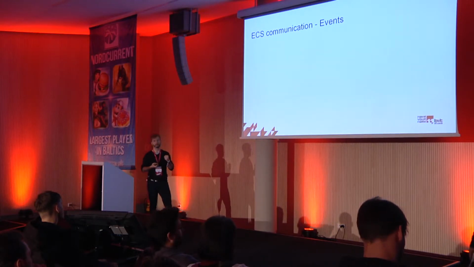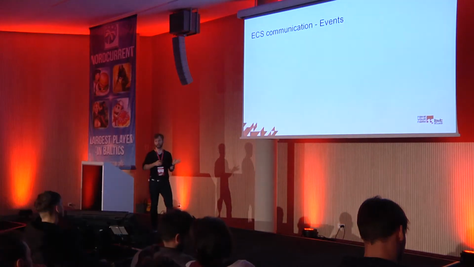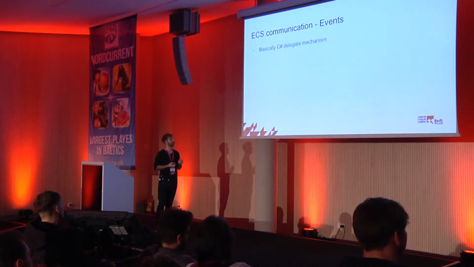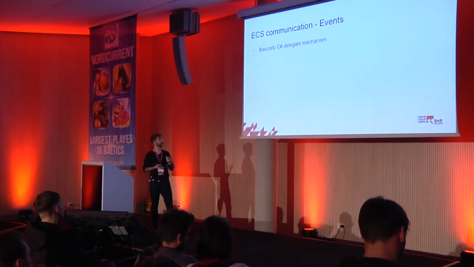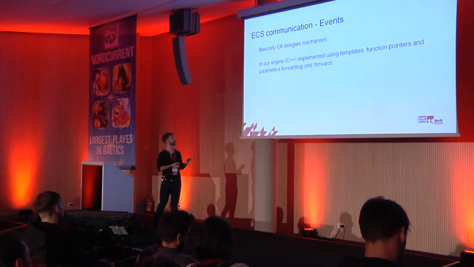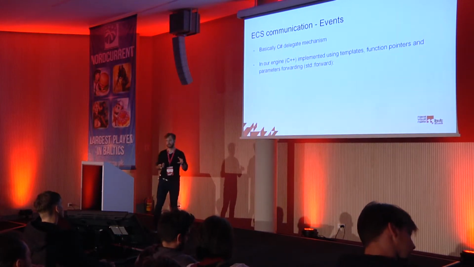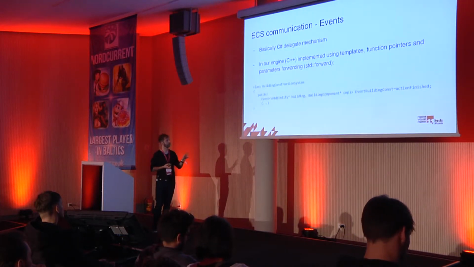So the next point, events. We have entity component systems. We need to communicate between them, right? Well, we've implemented something equivalent to C# delegate mechanisms. We've used some templates, function pointers, parameter forwarding, and some C++ magic to do something like this.